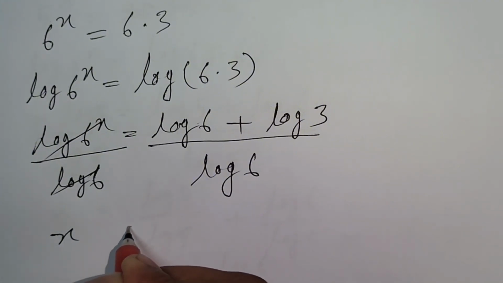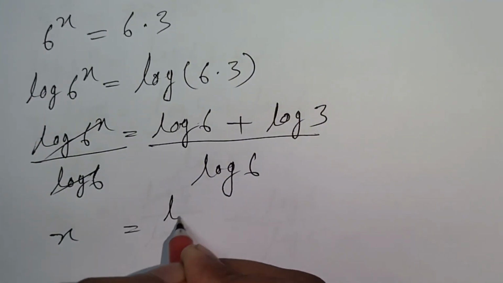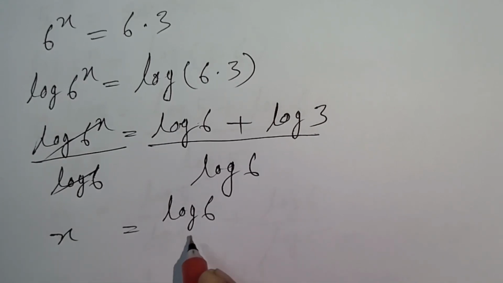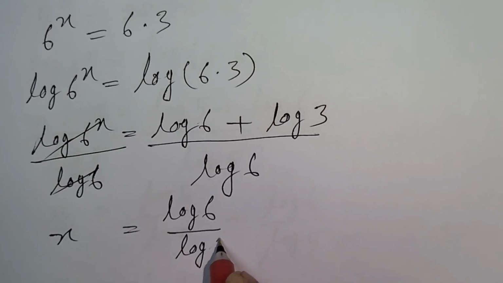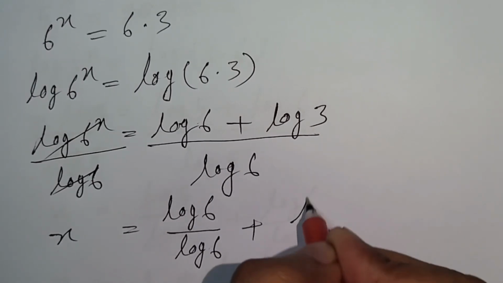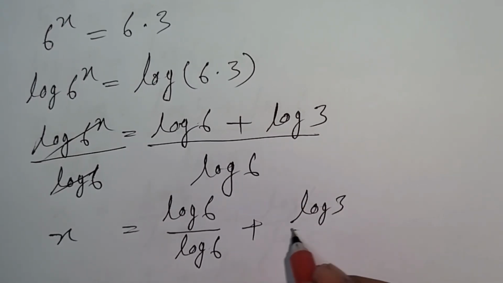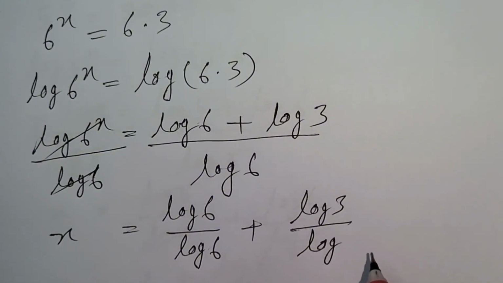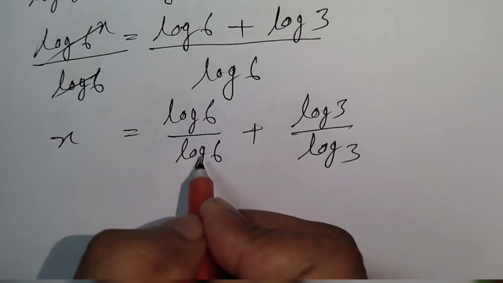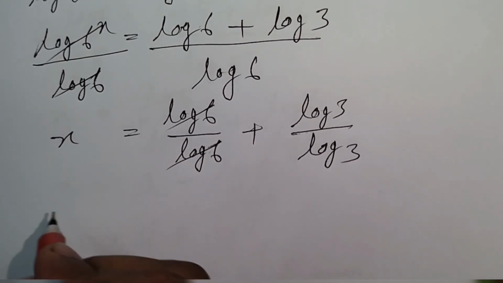X is equal to log 6 divided by log 6, plus log 3 divided by log 3. Log 6 will be cancelled.